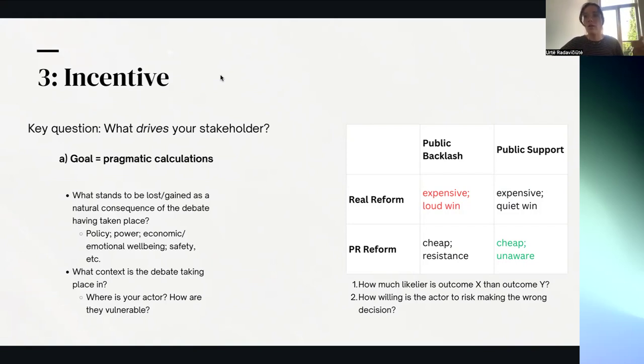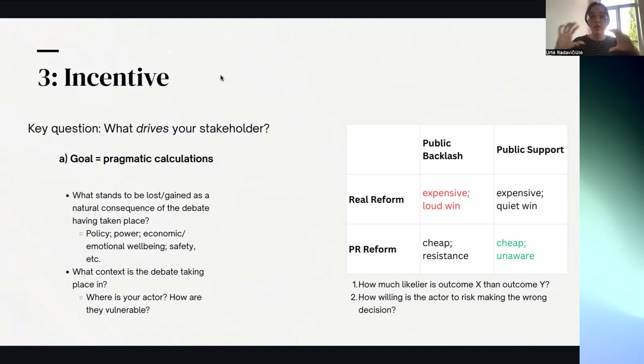So in the context of fast fashion companies, for example, that would be either actually truly making their businesses more sustainable, implementing some sort of regulations, monitoring of how their factories work, what the chain of command is, how the employees are treated. And PR reform would be forms of greenwashing, a lot of publicity stunts that don't actually fundamentally change the way that the business operates. So these are the options of actions that an institutional organization might have.